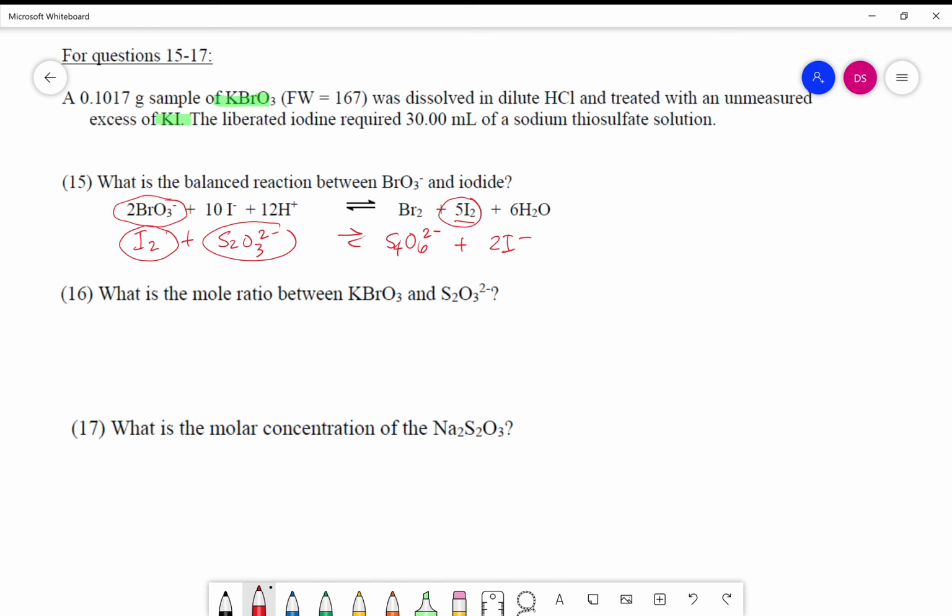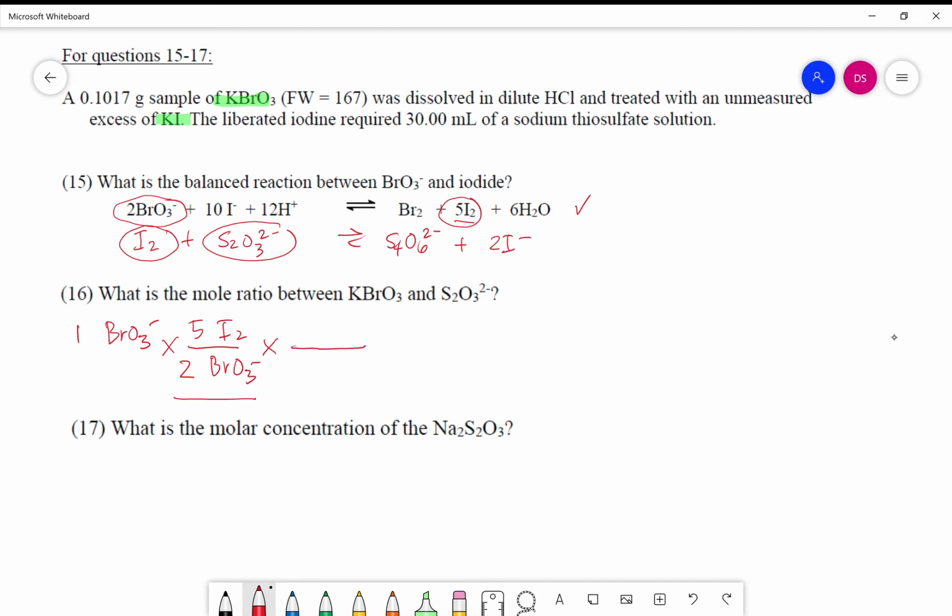So if we consider 1 mole of BrO3 minus, so 1. First we convert the BrO3 minus to I2. Using the first equation, we have 5 I2 and 2 BrO3. So this factor converts the BrO3 to I2, and then now it's I2 here.